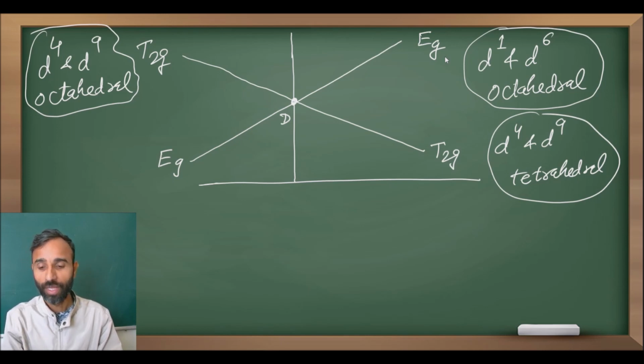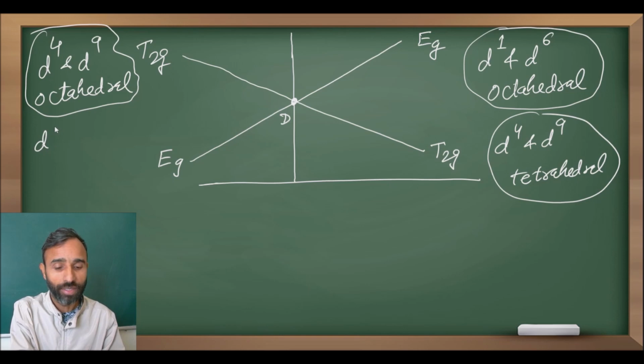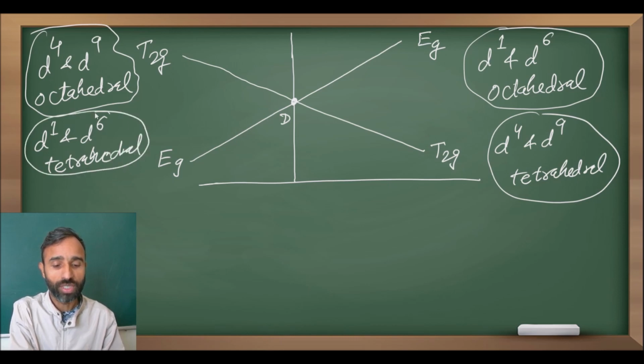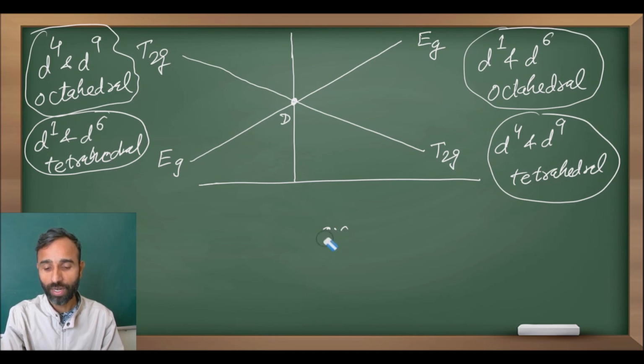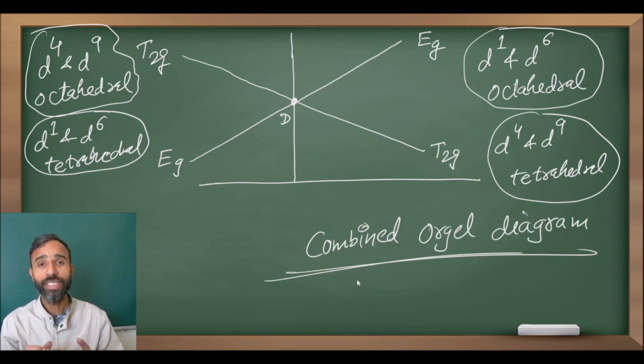And here it is D1 and D6 tetrahedral. So this is all about the combined Orgel diagram for the D state.